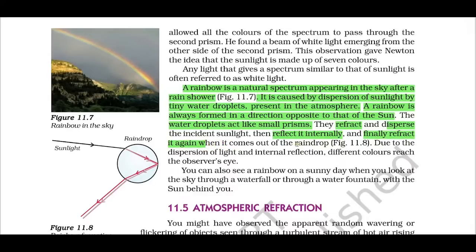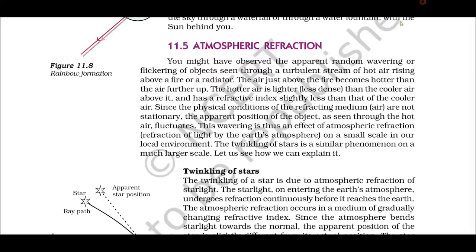That means the white light has split into its 7 constituent colors. So it is very important to note the events: first refraction, dispersion, then internal reflection and refraction again. If you explain the formation of rainbow with this simple figure, you can impress the evaluator.